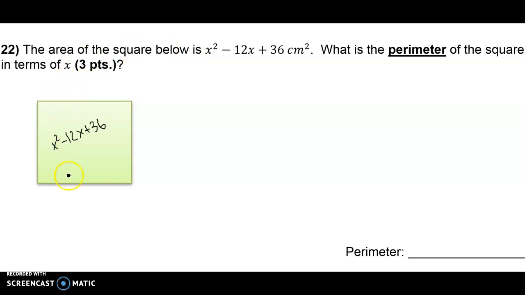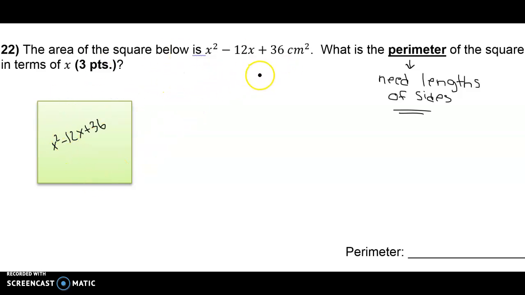Perimeter is all of the sides added up. We know that. Okay? So in order to find perimeter, I need the lengths of the sides. So, the big golden question is, how do I work backwards from the area to find out my sides?